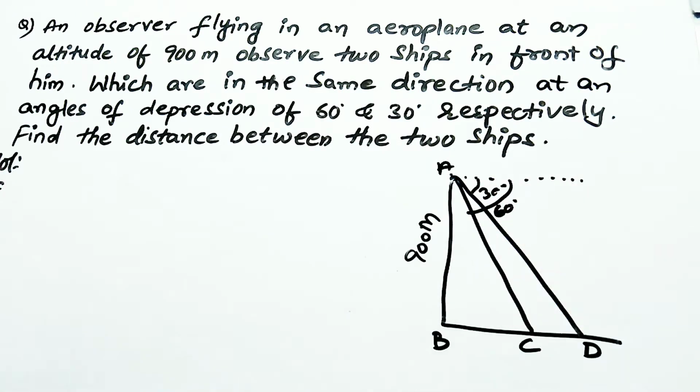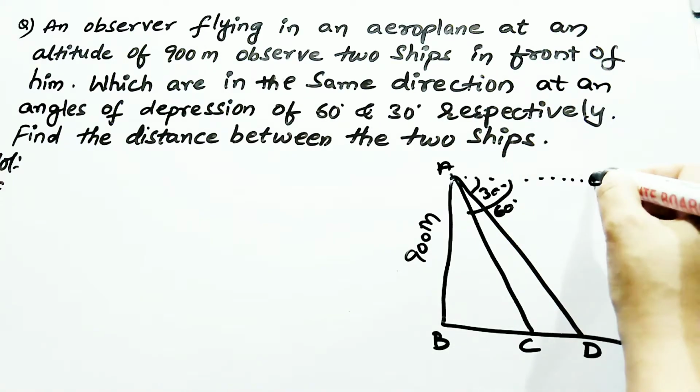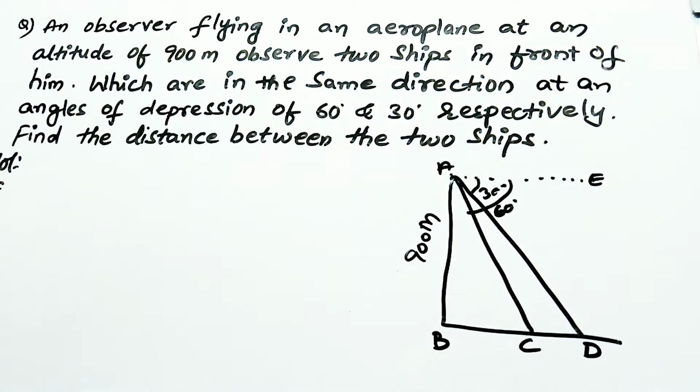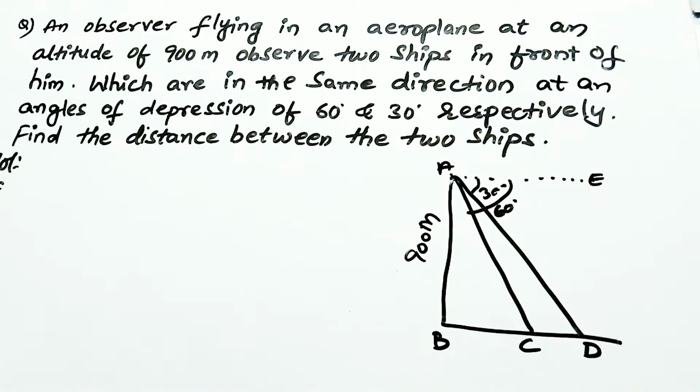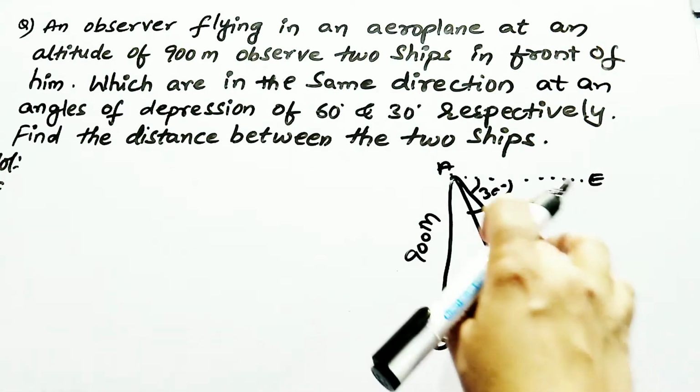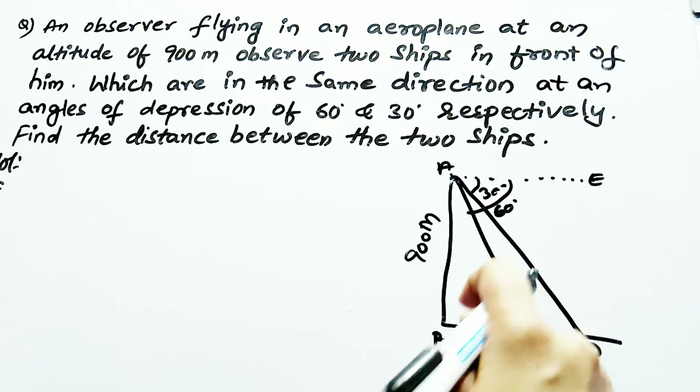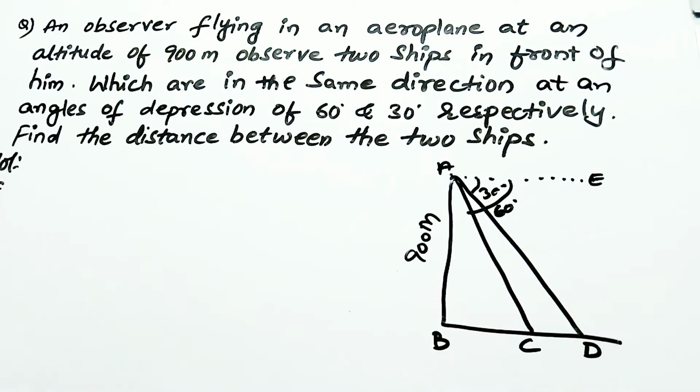Alternate angles are same and the parallel lines distance will also be same. Suppose this is AE. AE distance and BD distance are same because parallel lines are same. So we are pushing this angle inside our figure.